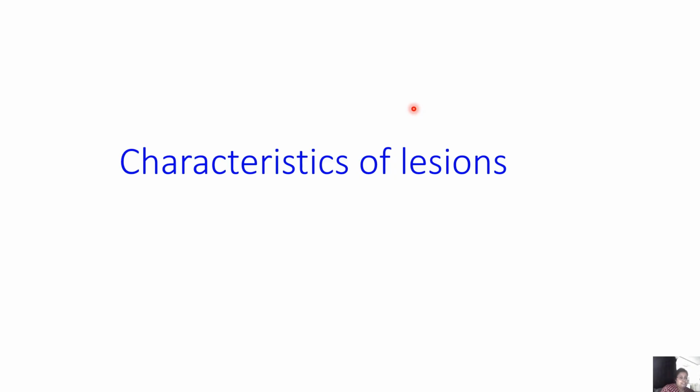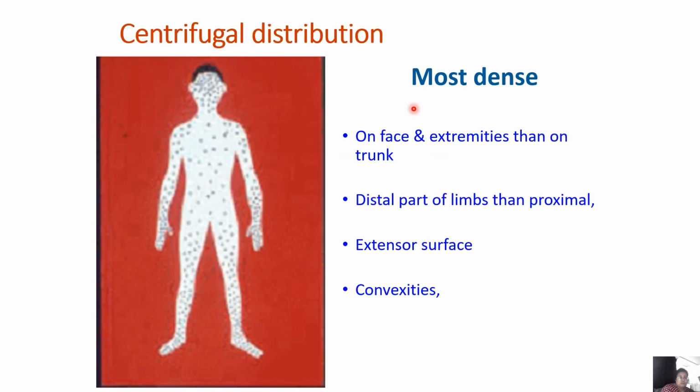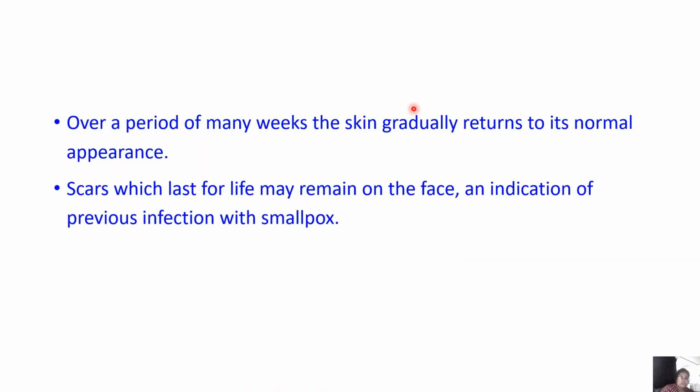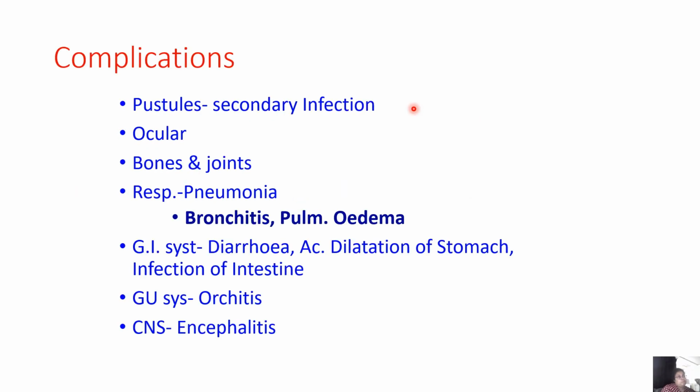Now, what are the characteristics of the lesions? They appear on the face and extremities, on the trunk, the distal part of limbs, and proximal extensor surface convexities. Over a period of many weeks, the skin gradually returns to its normal appearance, right? Scars which last for life may remain on the face, an indication of previous infection with smallpox. Now, what are the complications?